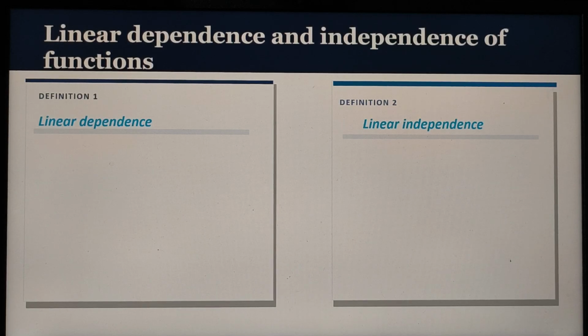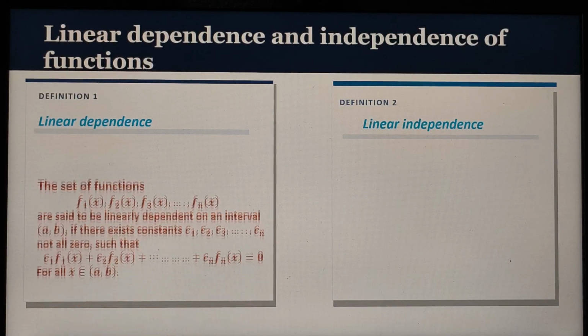Now we see some definitions related to linear dependence or linear independence of functions.